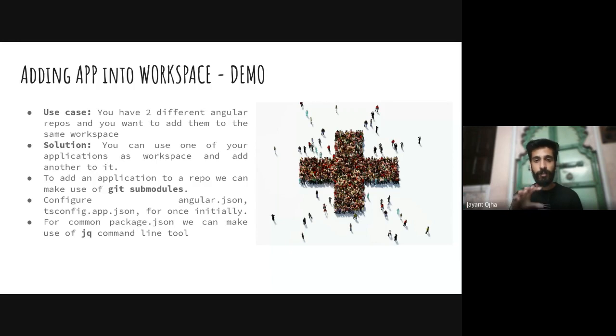Because as I said, when we use Git submodules, we are going to have a different repository, but we are going to add it as a subdirectory into our repository. So all the changes in that repository are only going to come into our repository when we update it. But when we update a repository, the package.json of that particular repository might update, like there's a new dependency being added. So how are we going to manage that?